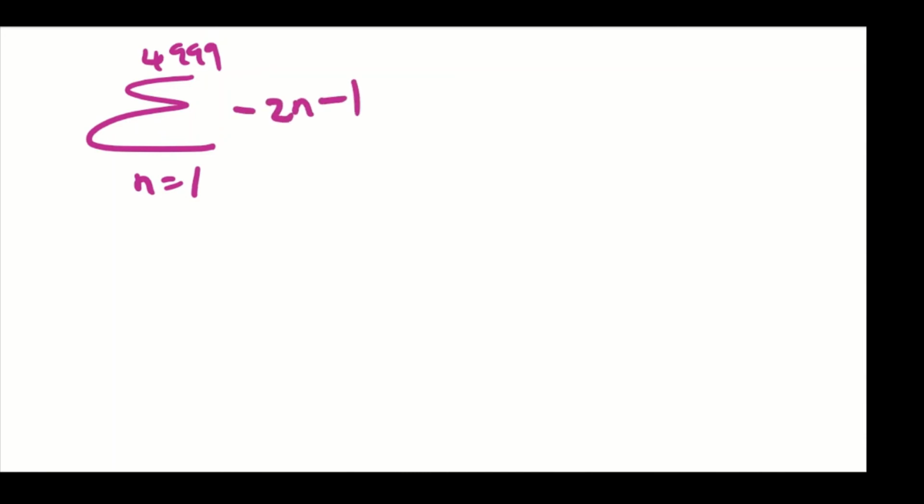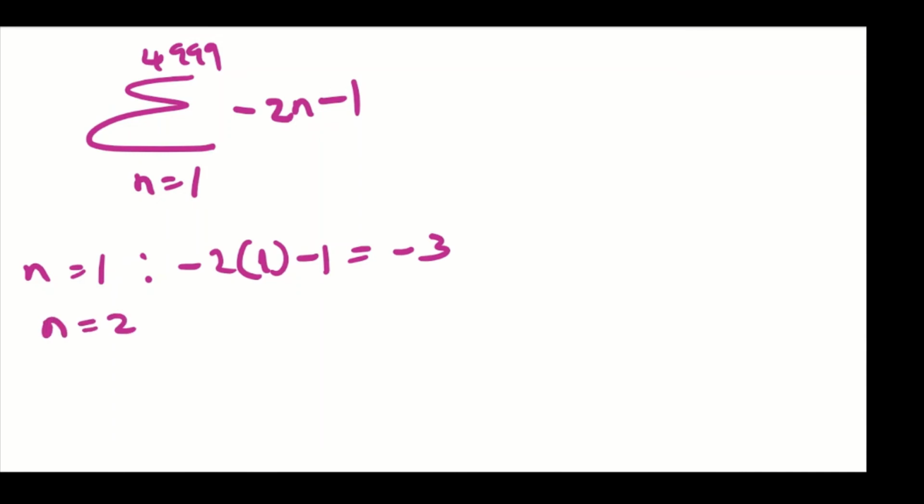So for us to find that sum, we're just going to write the sum of 4999, when n is equal to 1, of minus 2n minus 1. To find the first 3 terms: when n is equal to 1, minus 2 times 1 minus 1, so the first term is minus 3.